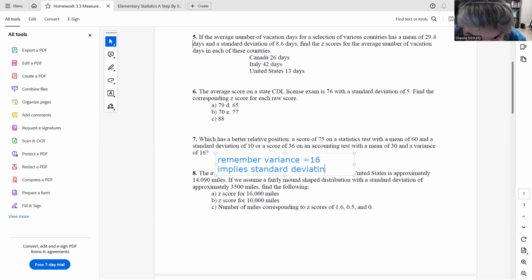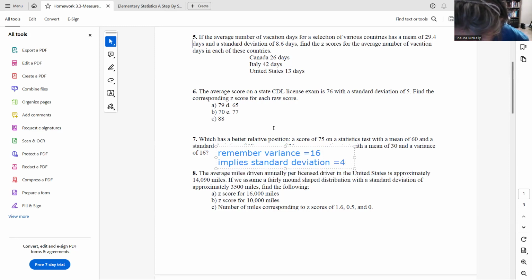Standard deviation is 4. So remember, you're going to use 4 in that case. You're going to compare them, and you want the better relative position.